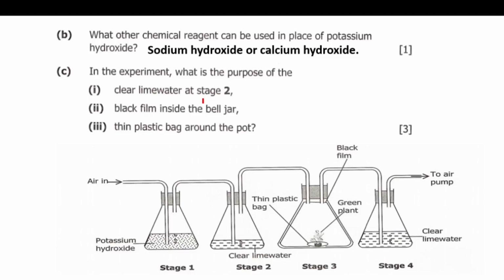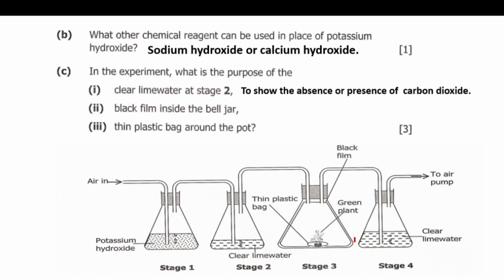Clear lime water at stage 2? So this clear lime water at stage 2 is to show the absence or presence of carbon dioxide. So here it can show the absence or presence of carbon dioxide in the gas which is coming from this side here. Then black film inside the bell jar.